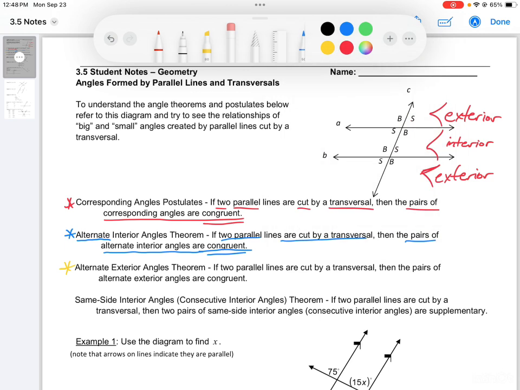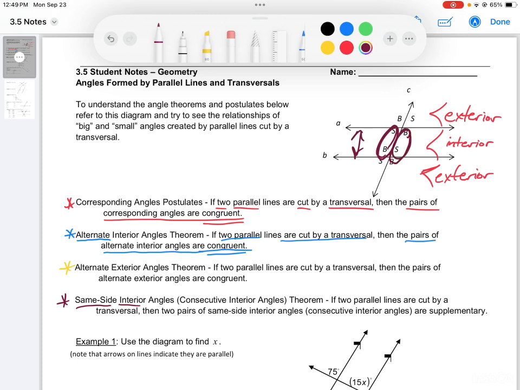Next, we have same side interior angles. Same side interior angles. Again, it's all in the name. They're on the same side of the transversal, and they are inside or in between the parallel lines in this region, and they're on the same side.